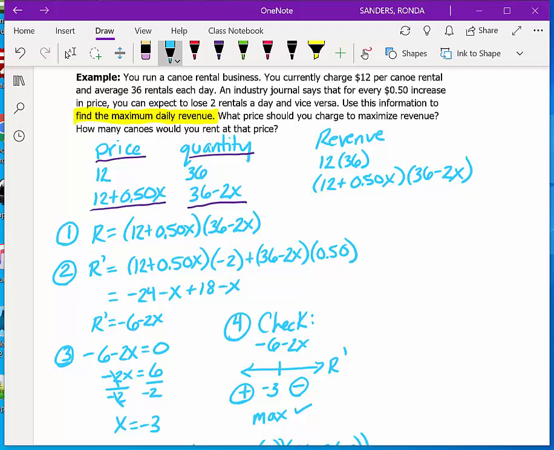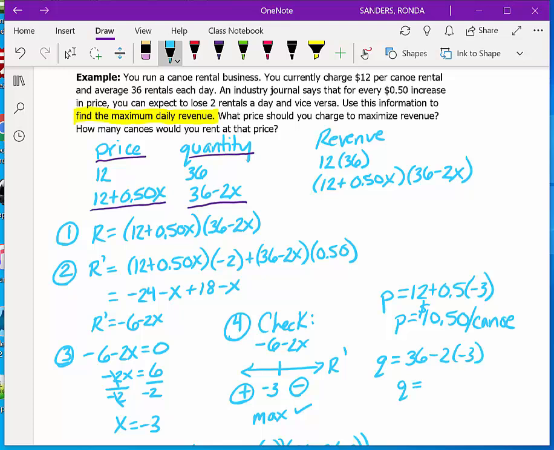So we can calculate our price should be equal to 12 plus 0.5 times -3, or P is equal to $10.50 per canoe. And our quantity Q will be equal to 36 minus 2 times -3, or Q is equal to 42 canoes.